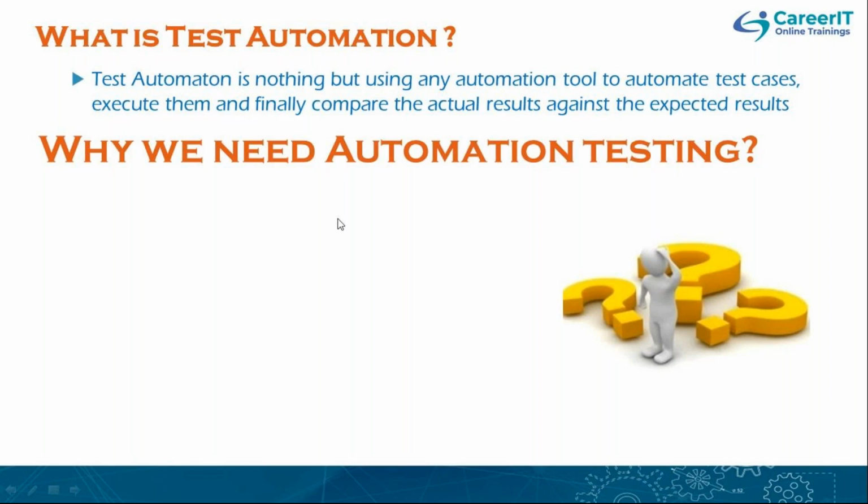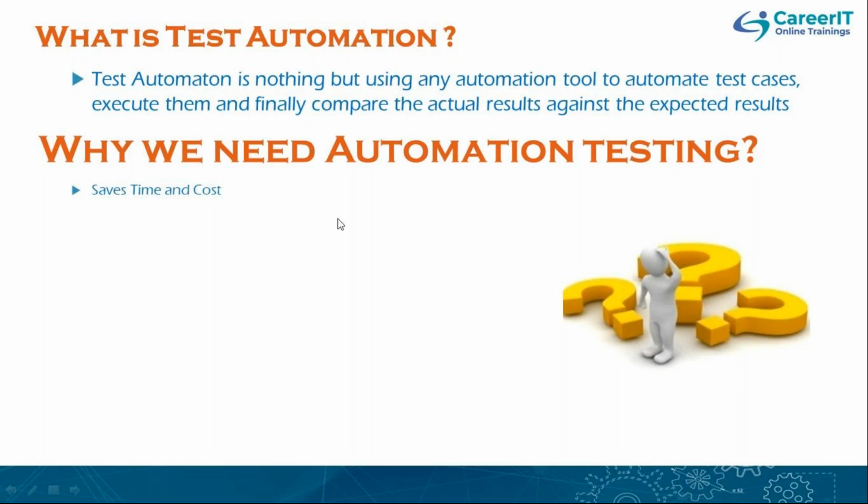The first one: it saves a lot of time and cost, because automation testing is always faster, guys. Once you automate your test cases, when you run them, they run very fast, on virtual machines or even local machines, and you don't need any manual intervention while your automation test cases are executing.